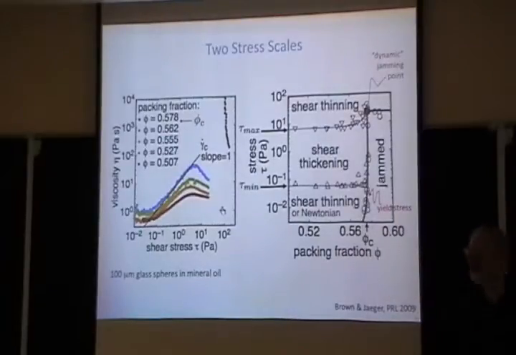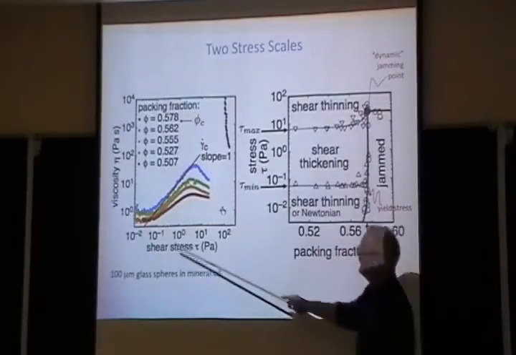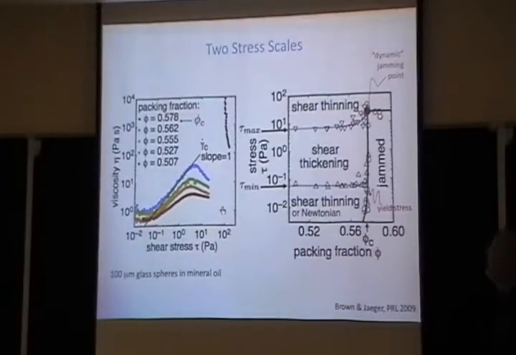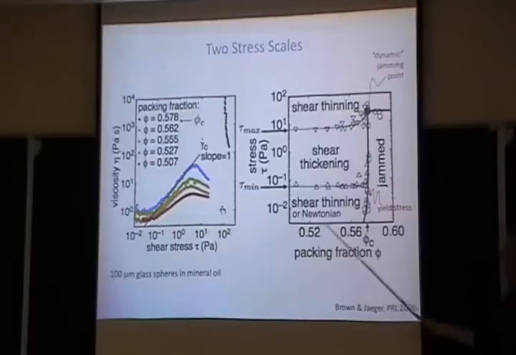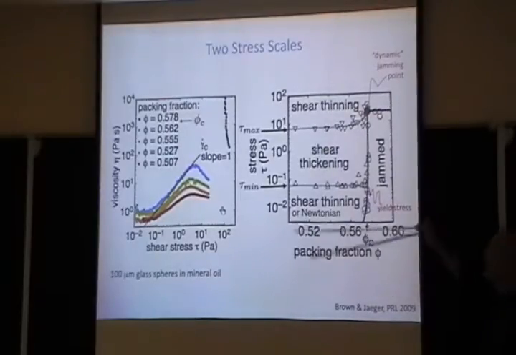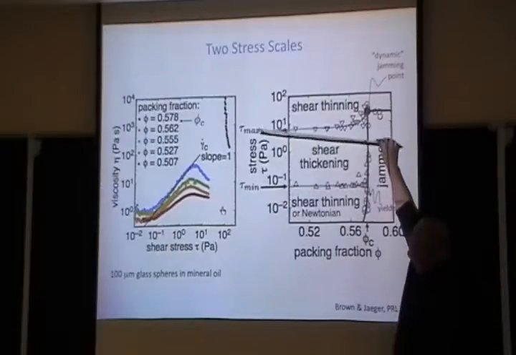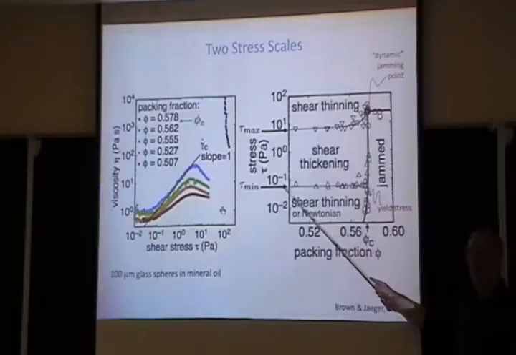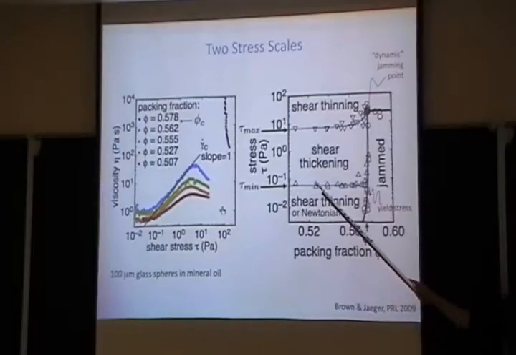It falls apart. And now if you plot these stresses, the onset and upper limit, as a function of packing fraction, this is now for glass spheres, you notice something really interesting, that the onset and the upper limit do not depend on packing fraction really, at least over this range. It's a pretty significant range.